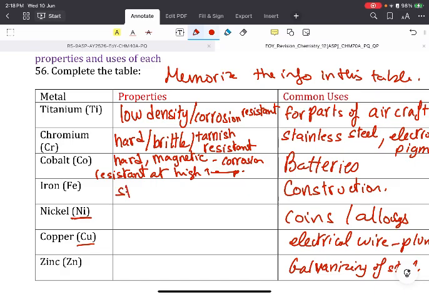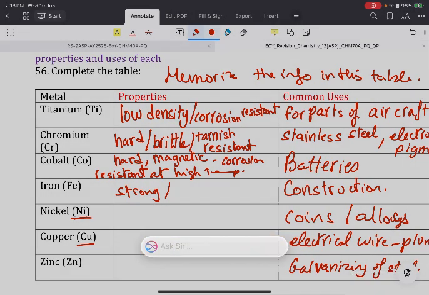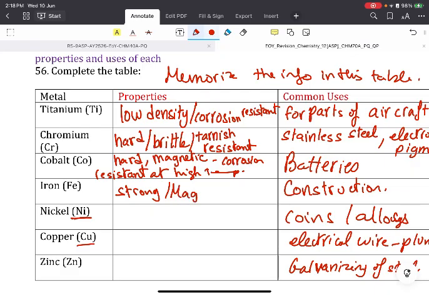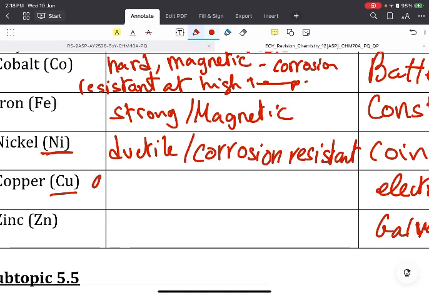Now, iron is strong. It has magnetic properties. Nickel, again, is ductile. We make wires from nickel, and it's corrosion resistant. Copper is a very good conductor, the best.